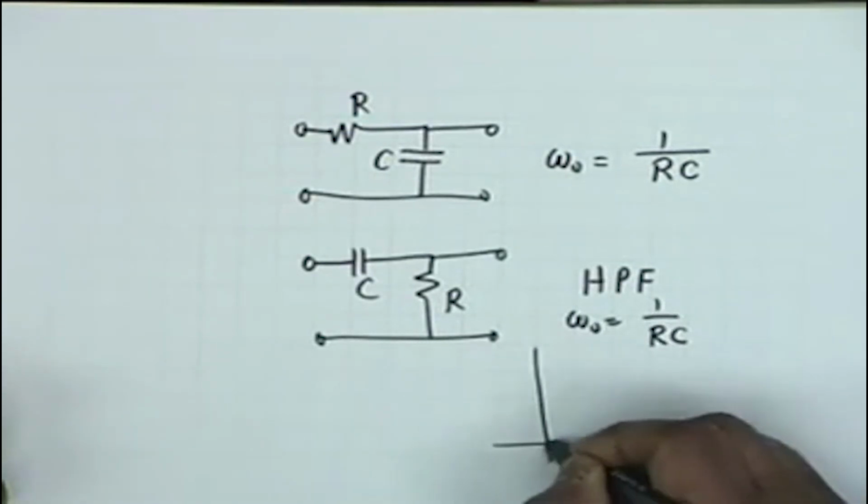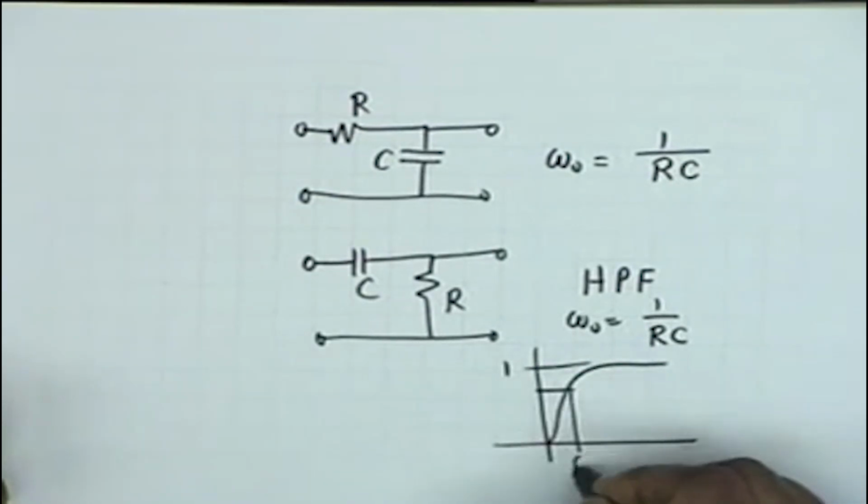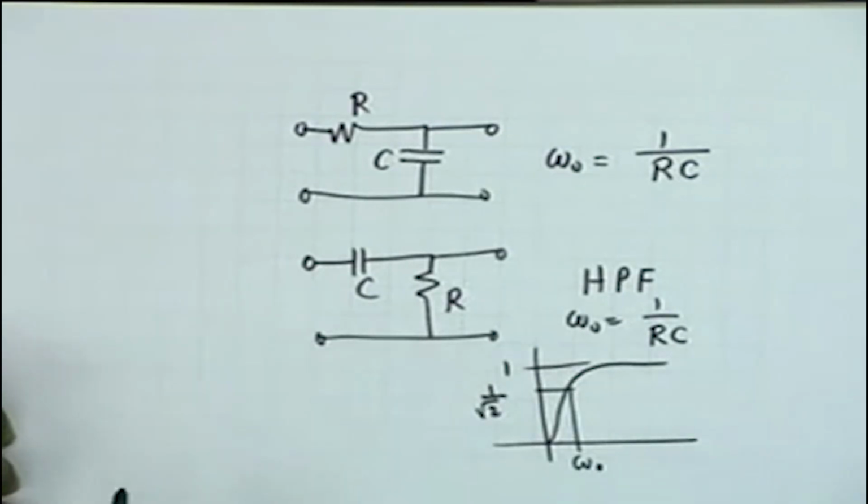Its response shall be of this form, where at omega 0 the response is 1 by root 2 times its maximum value. The maximum response occurs at omega equal to infinity. All right. So it favors high frequencies, and therefore this is a high pass filter.